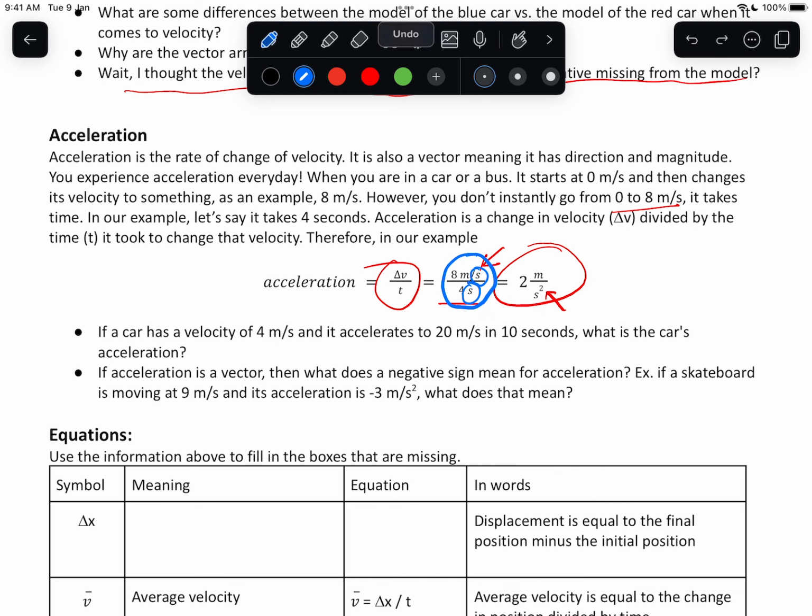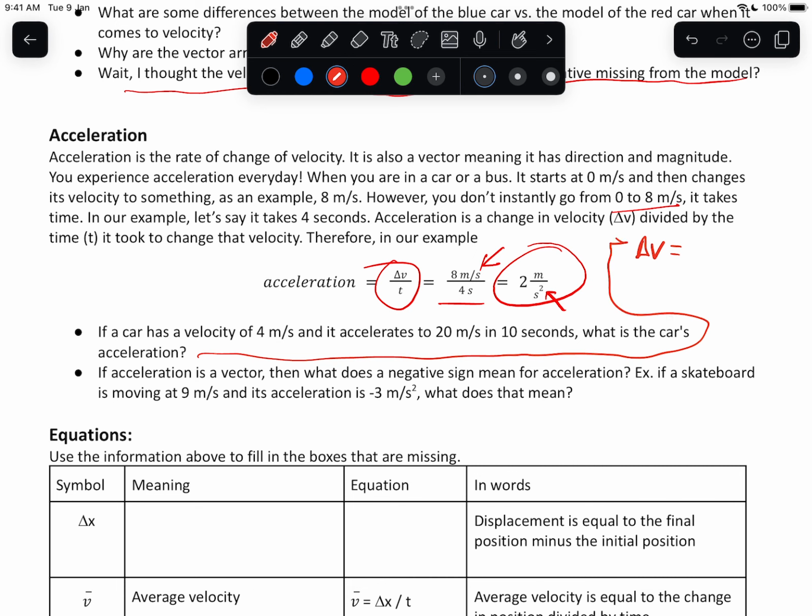Let's try the one below it. If a car has a velocity of 4 meters per second and accelerates to 20 meters per second in 10 seconds, what is the car's acceleration? Well, the change in velocity of this car is going to equal, let's make a little arrow here so people can see. So this one I'm going to put right up here.